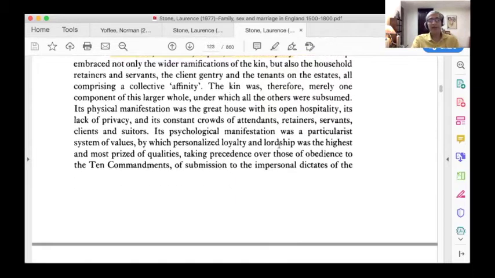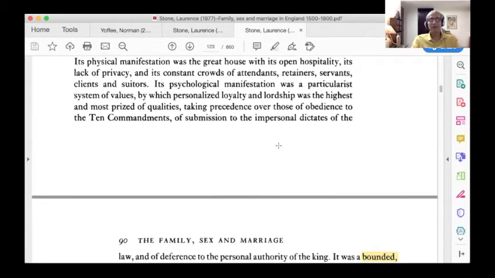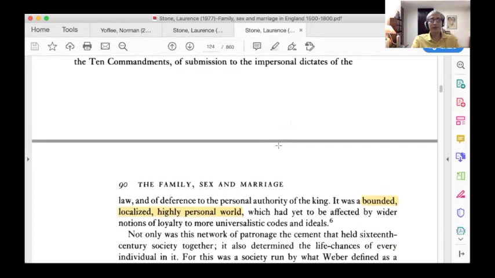Its psychological manifestation was a particularist system of values by which only personalized loyalty and lordship was the highest and most prized of qualities, taking precedence over those of obedience to the Ten Commandments, of submission to the impersonal dictates of the law. Right?